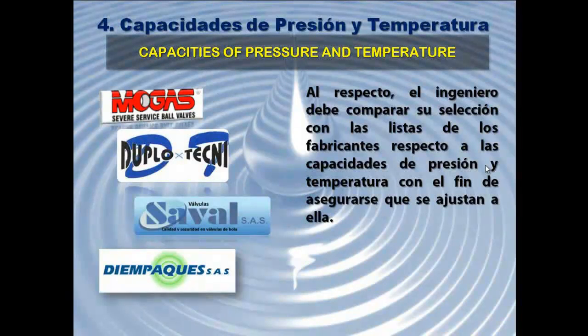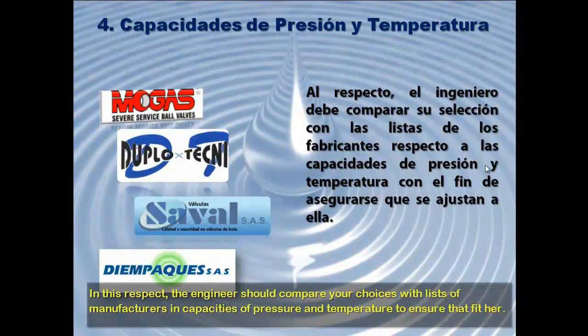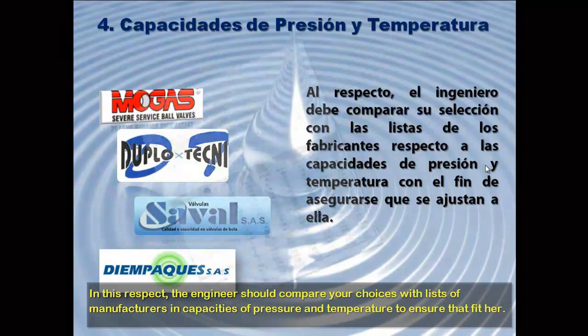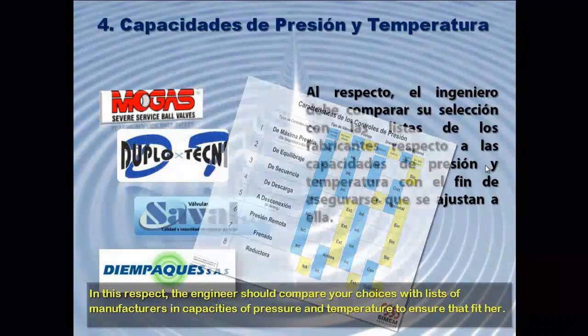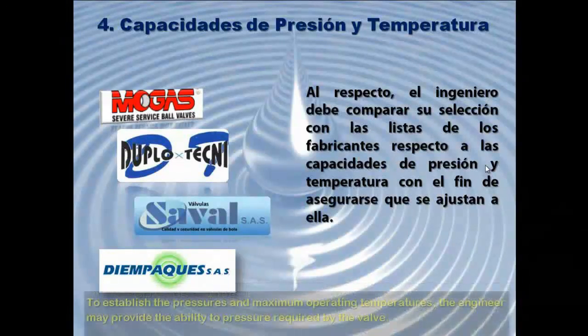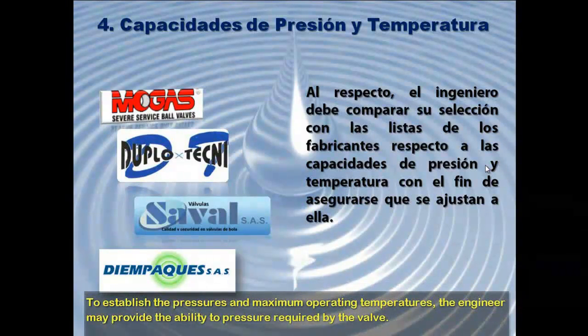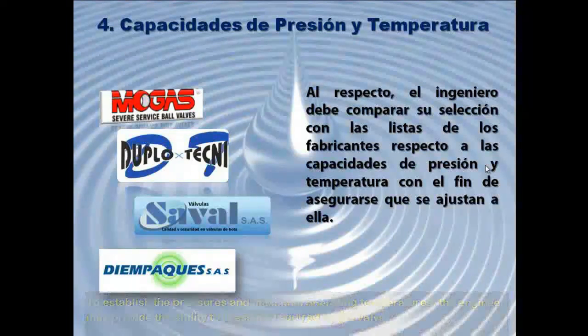Capacities of pressure and temperature. In this respect, the engineer should compare their choice with the manufacturers' lists of pressure and temperature capacities to ensure that it fits. To establish the maximum operating pressures and temperatures, the engineer may specify the pressure capacity required of the valve.